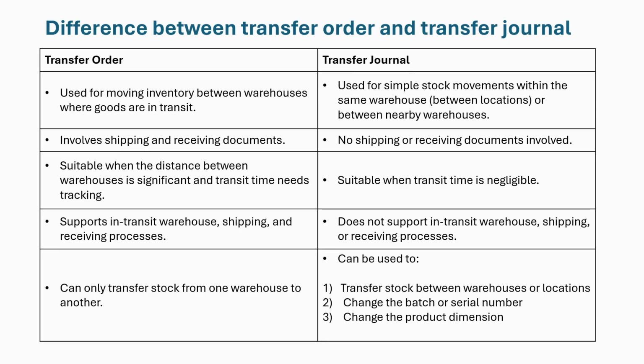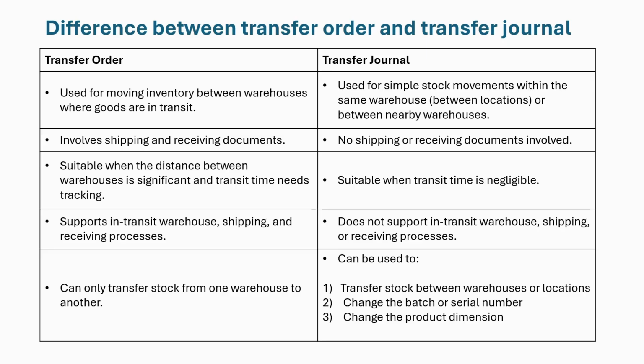Transfer order is suitable when the distance between warehouses is significant and transit time needs tracking. Transfer journal is suitable when the transit time is negligible. Transfer order supports in-transit warehouse, shipping and receiving processes. Transfer journal does not support in-transit warehouse, shipping or receiving processes.